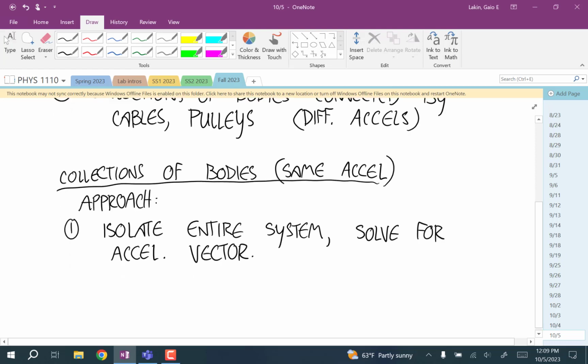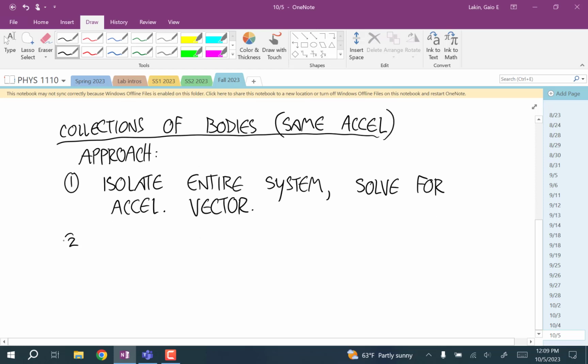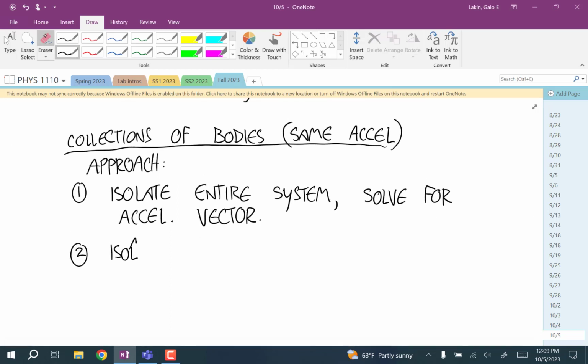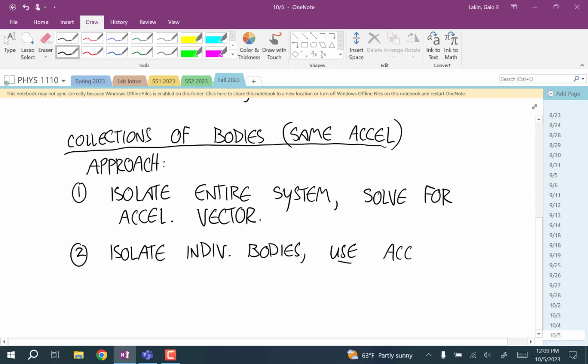Once you've calculated the acceleration, then go back and isolate individual bodies, and use the acceleration that you just calculated. So use that acceleration vector in Newton's second law.